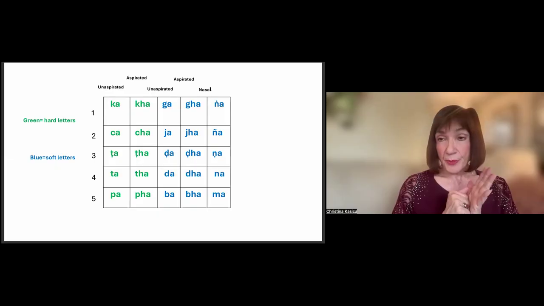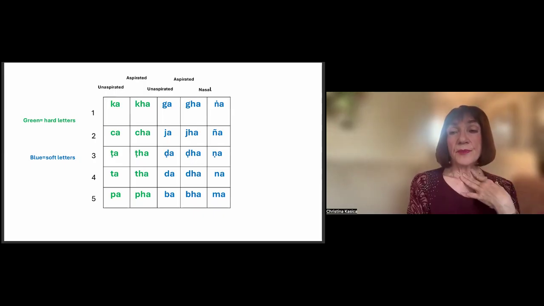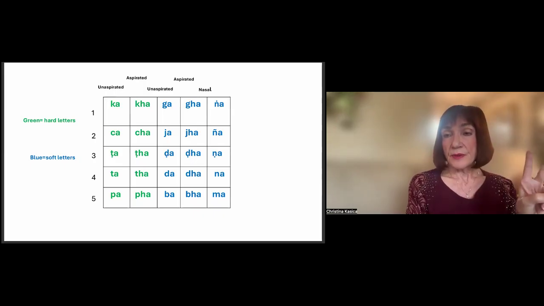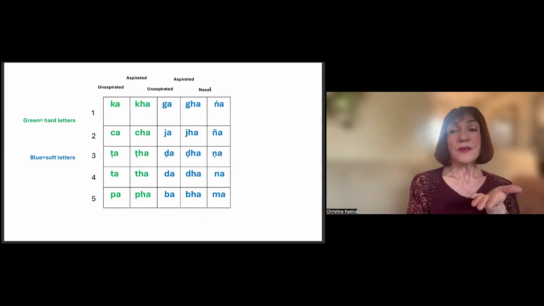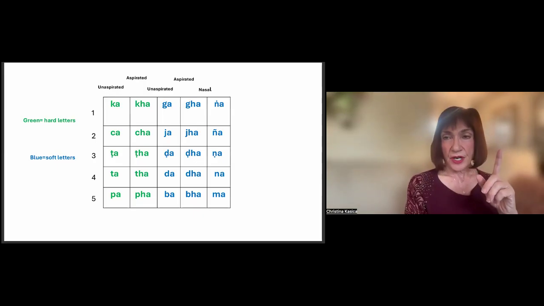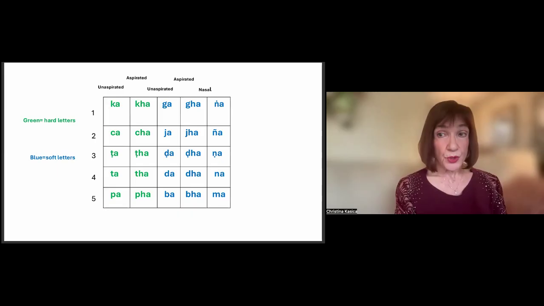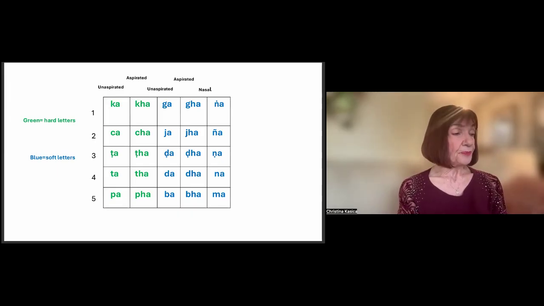The first varga is the guttural, tongue way back in the throat. Second varga is palatal, tongue is flat, pulled back and pushed up. Third varga is cerebral, tip of the tongue straight up into the brain. Fourth varga is dental, so the tip of the tongue is against the bump behind your front teeth. And the fifth varga is labial, so you use your lips pronouncing these letters.